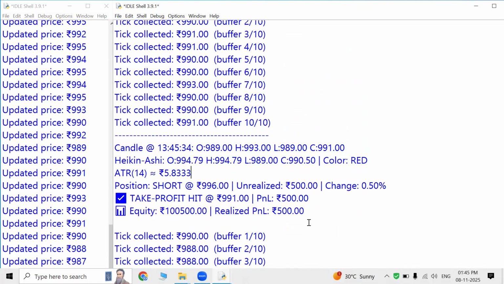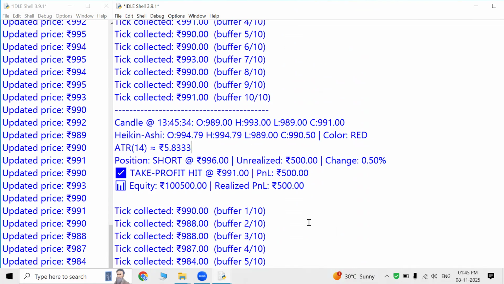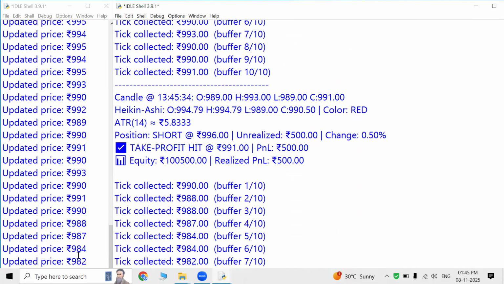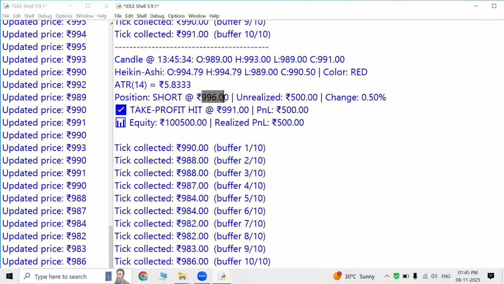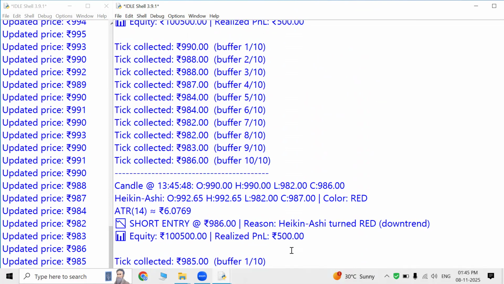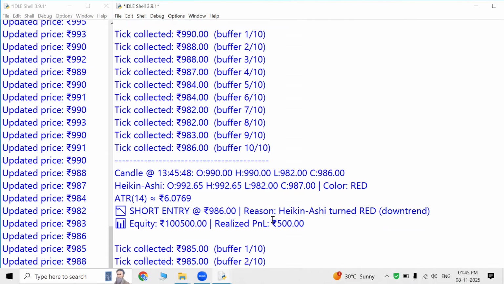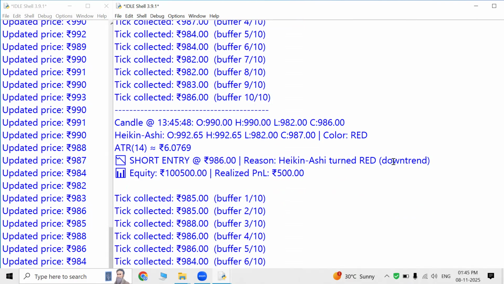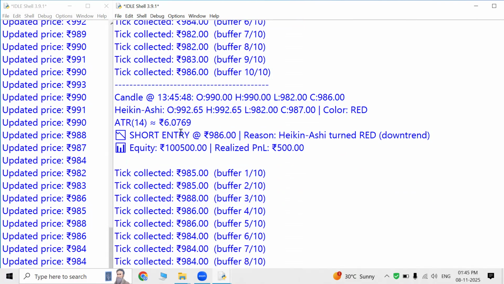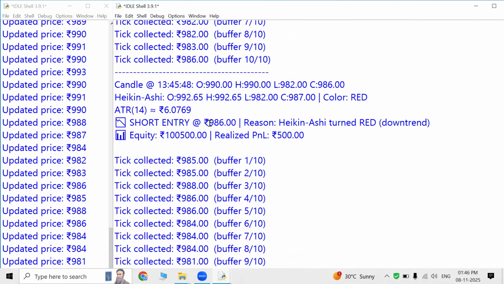ATR is 5. We are waiting for profit to be booked. If the price goes below a certain value, okay, 996 is our short position. It has not booked the profit yet. We are still in the downtrend as per this calculation. Our short entry is 996.